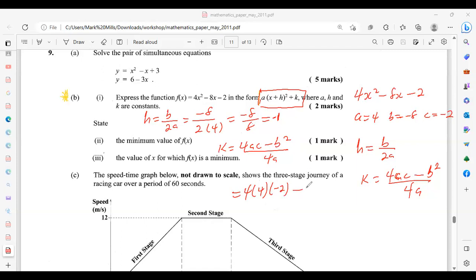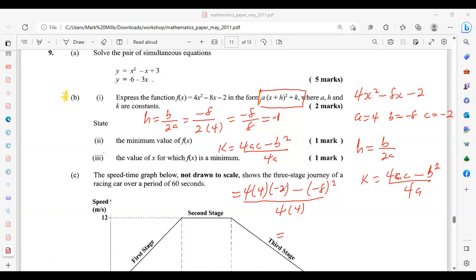Negative 8 squared, right? So here we have to be careful how we write it so that we will not get ourselves mixed up. So I'm going to put it into brackets, right? So I put brackets negative 8 squared all over 4 times a. What is the a value? 4. All right. So when we work out this, 4 times 4, what do I get?